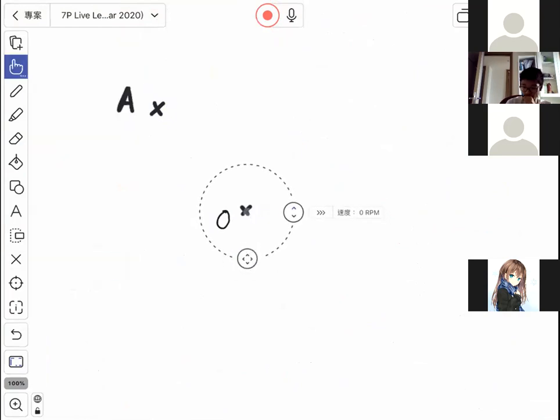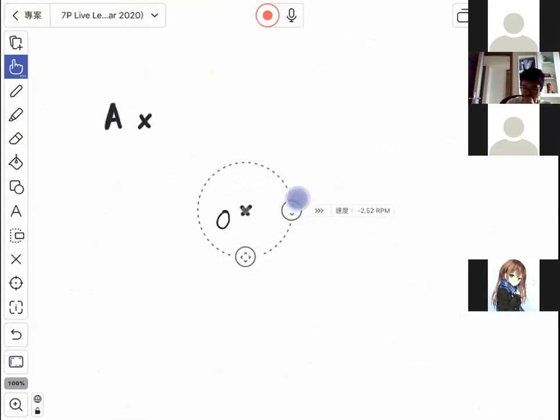I try to make O the center of rotation like this, and then you will see A rotating. So what do we say? Is it clockwise or anti-clockwise? Clockwise. Very good answer. 順時針啦. I cannot explain to you what's meant by clockwise, but I suppose you know. And if I change into a different direction, then this is called anti-clockwise. So this is called rotation.